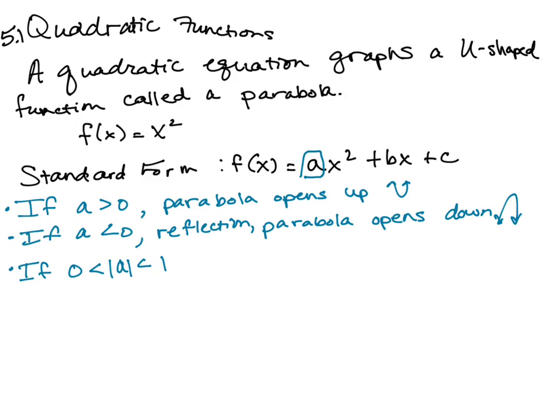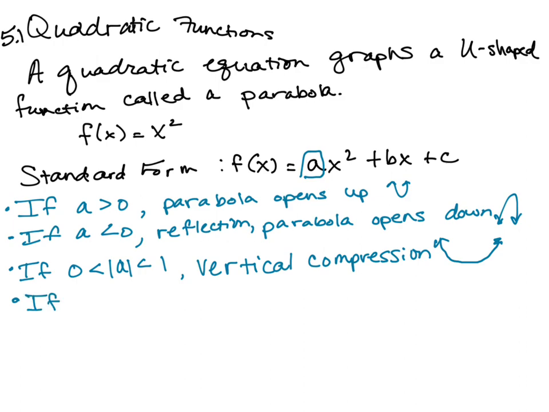If the number is between 0 and 1, like a decimal, we see a vertical compression. We're not going to shame this parabola, but it is fatter. It got squished a little.